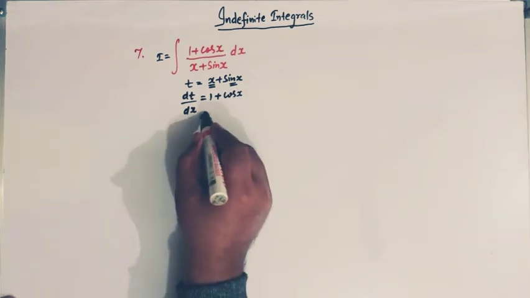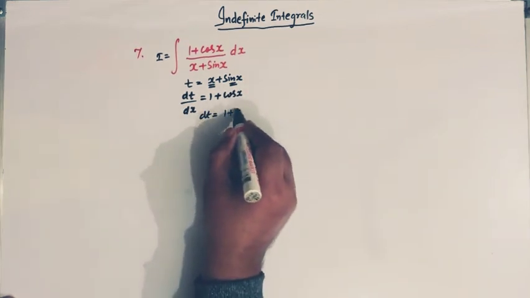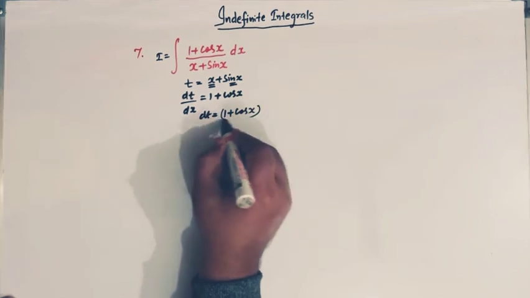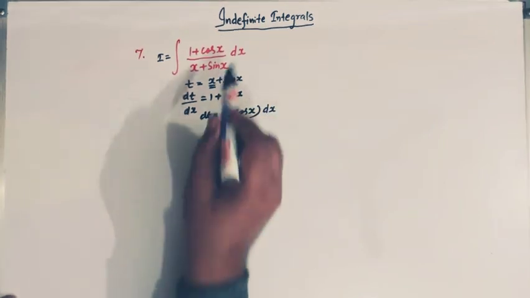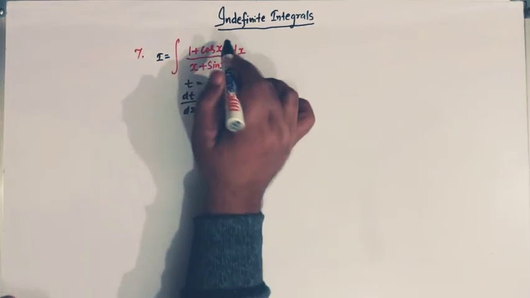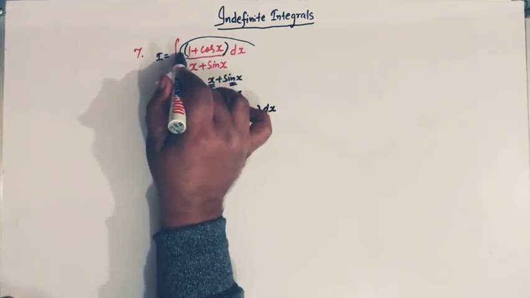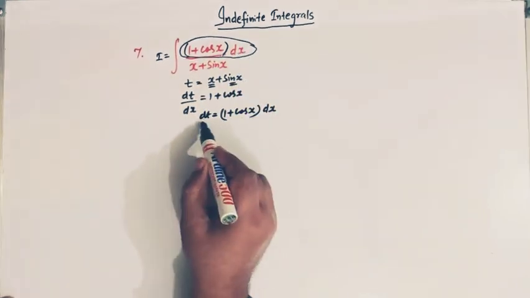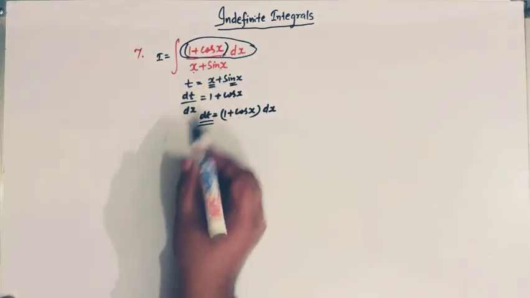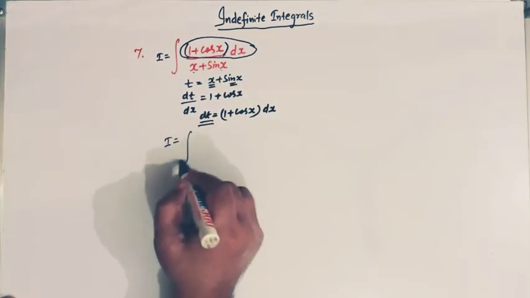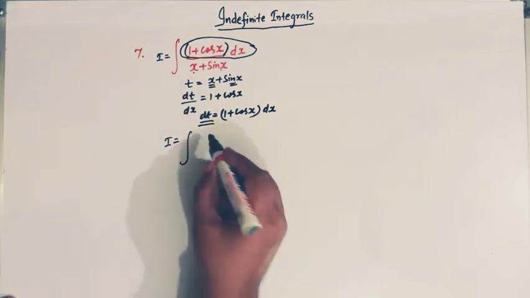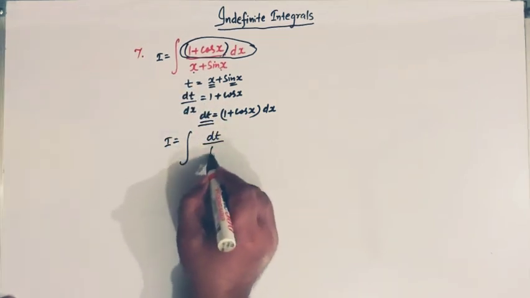So dt can be written as (1 + cos x) dx. Now for 1 + cos x dx we can write dt, and for x + sin x we can write t. So we have dt over t.